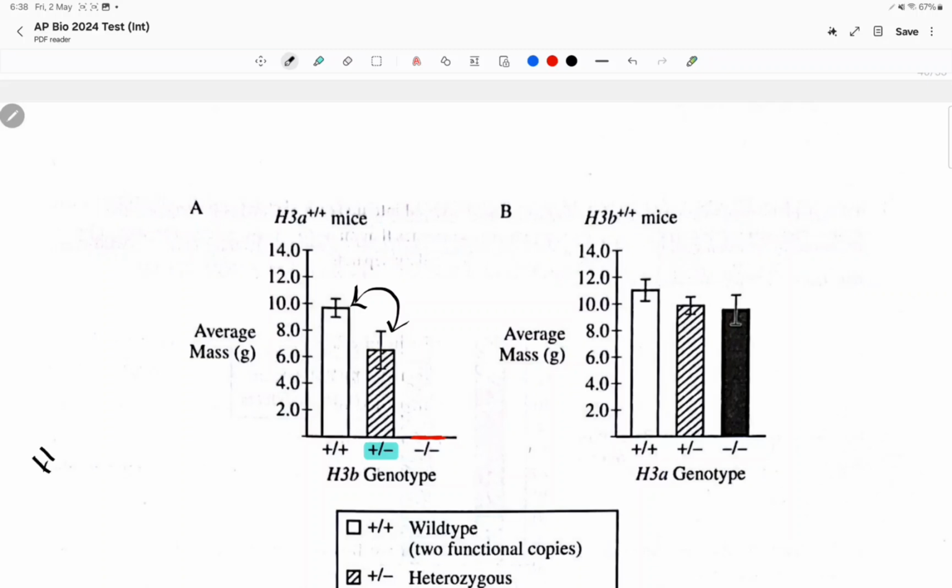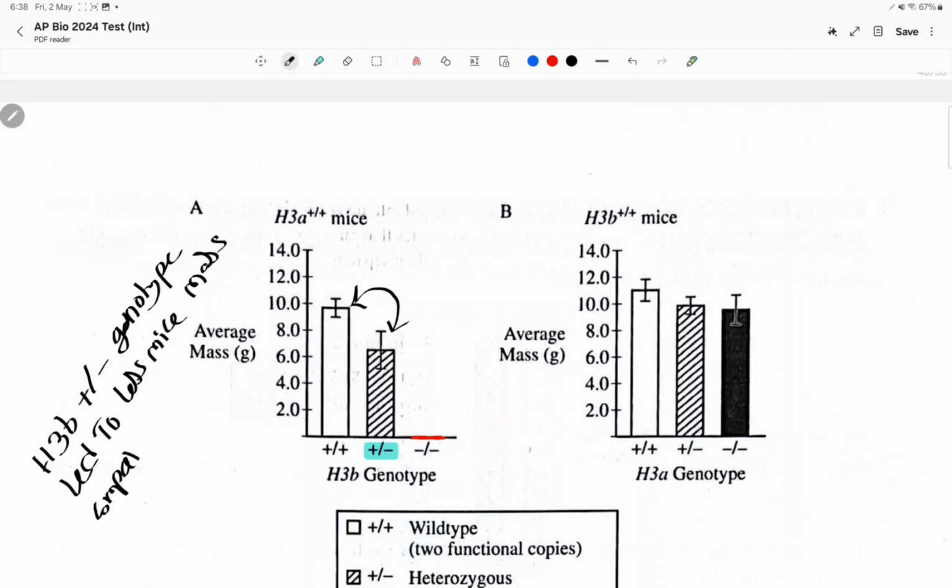So we can say that the H3B plus minus genotype led to less mice mass compared to H3B plus plus.